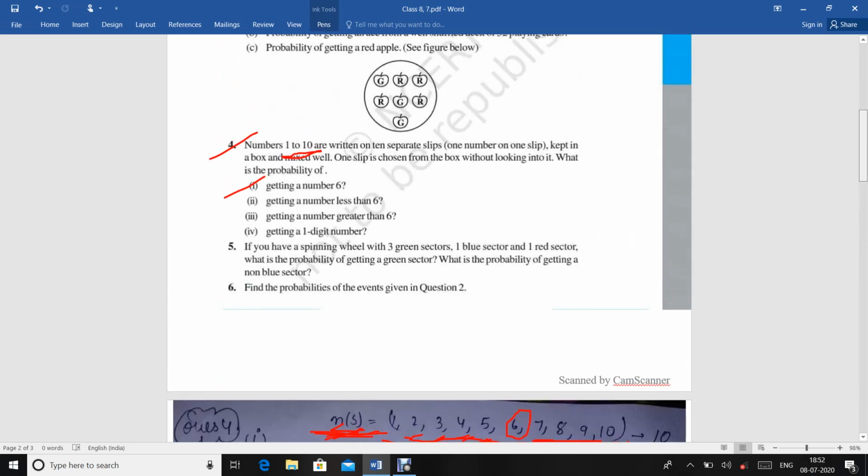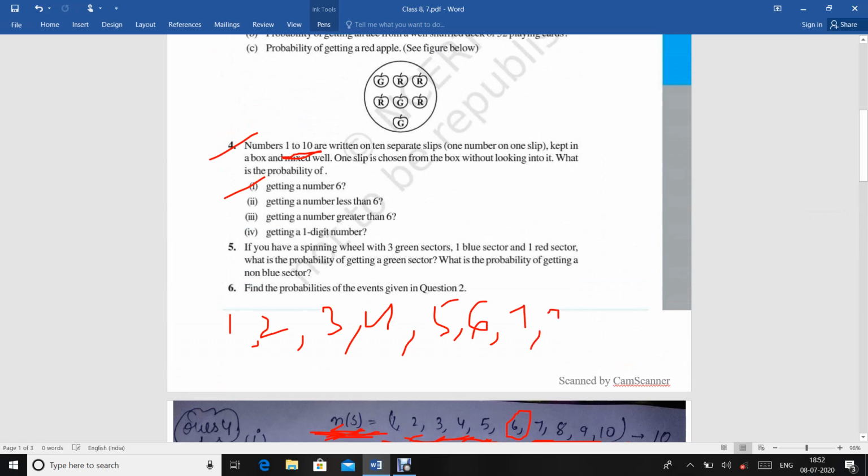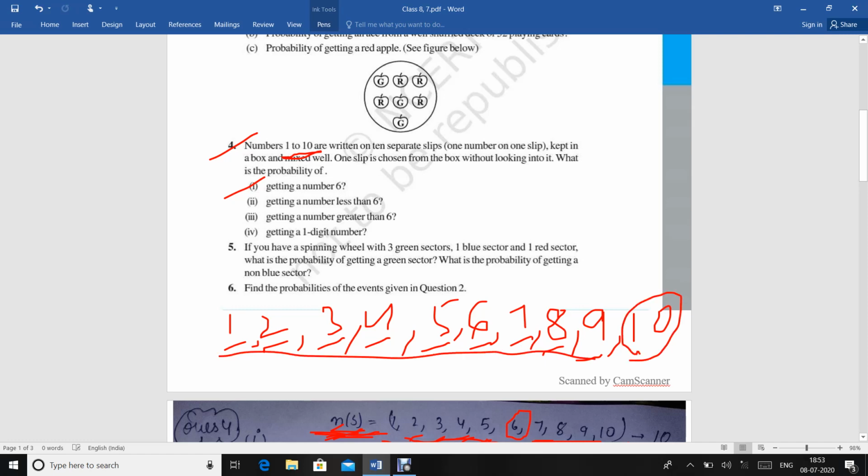The next part is getting a one digit number. See, 1, 2, 3, 4, 5, 6, 7, 8, 9 and 10. Here the one digit numbers are 1, 2, 3, 4, 5, 6, 7, 8 and 9. These are one digit numbers and 10 is a two digit number.